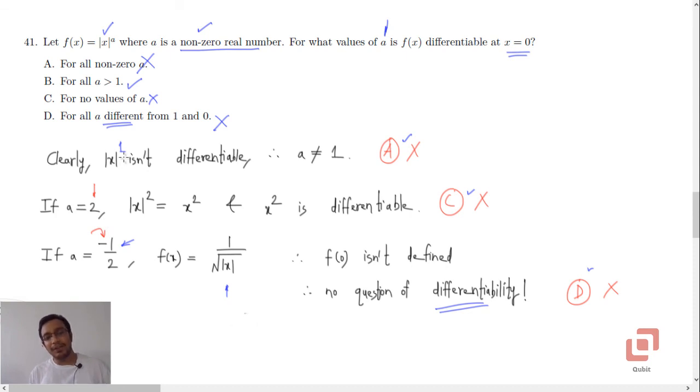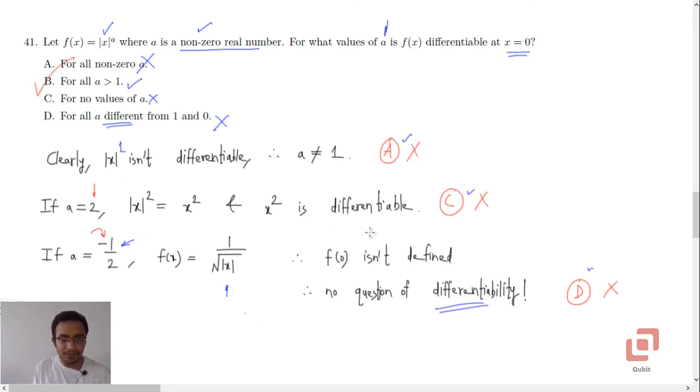If at a equal to 1 it is not differentiable, let us try for a equal to 2. That is what we typically do, and that helps us eliminate option C. And you can take any negative power and see whether it works. What I've done is I've taken a as negative 1 upon 2. It has successfully eliminated option D, and therefore it is option B.